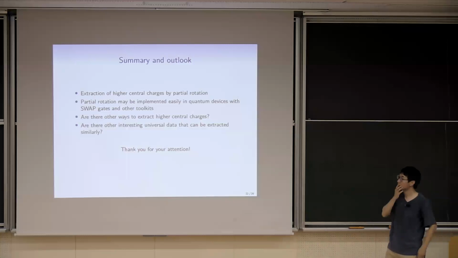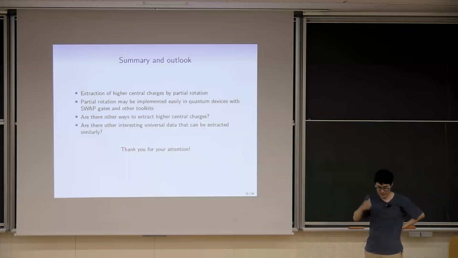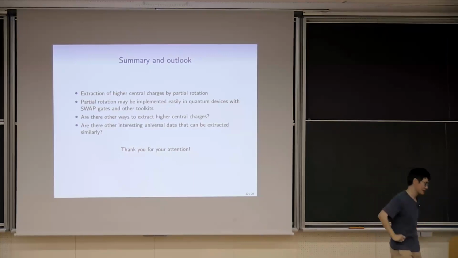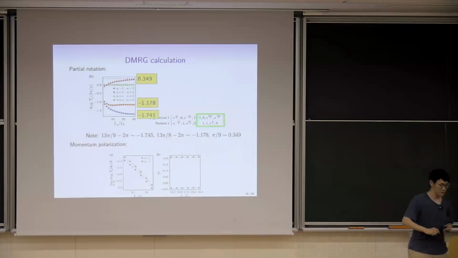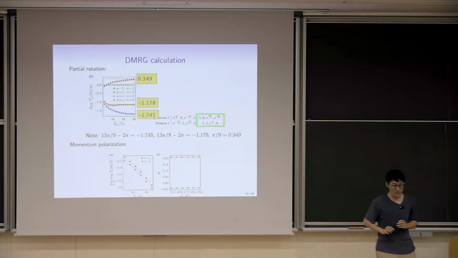Can I ask, is it possible to extract this with open boundary condition, like in a plane? Yeah, that's actually a good question. The short answer is yes. In my paper with Ken, where we didn't study a fractional state but an SPT state, we took just a system on the plane, picked up a disk region, and then did the partial rotation.